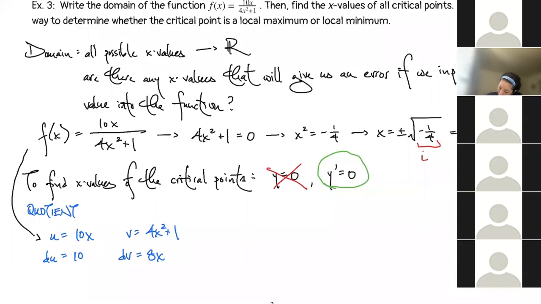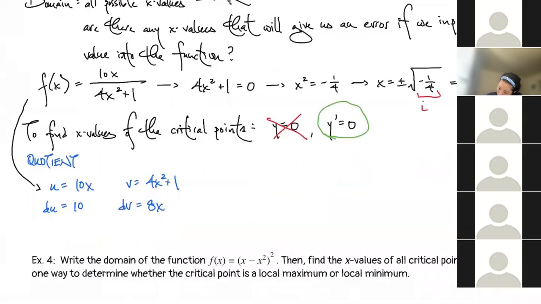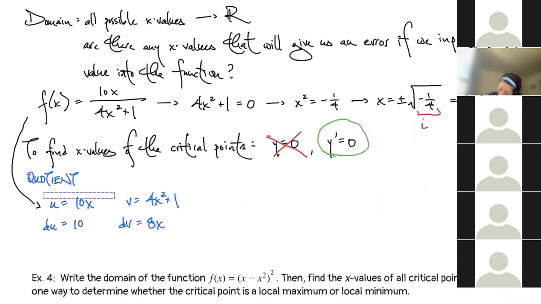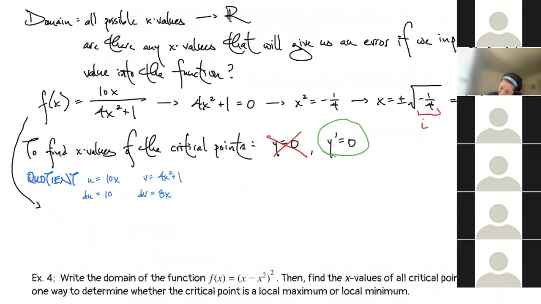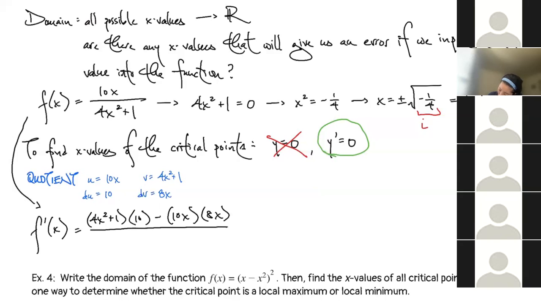Okay, let's put this all into our quotient rule here. And we'll get f prime of x equals v du minus u dv all over v squared.